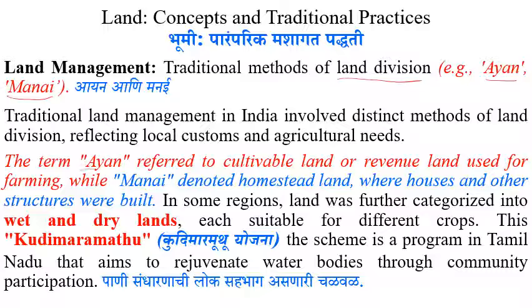The term iron land referred to cultivable land or revenue land used for farming purposes, and on the other hand, Manai land was homestead land where houses and other structures were built. In some regions, land was further categorized into wet and dry lands. Each land is suitable for different crops.